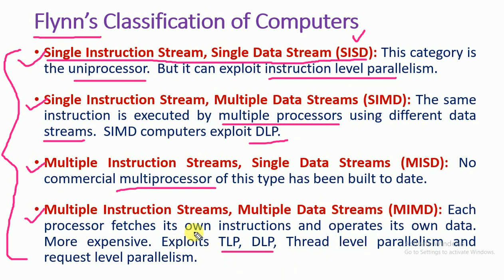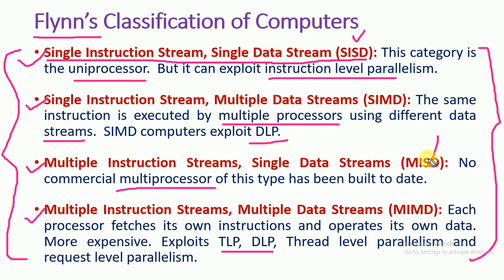In that way, multiple instructions and multiple data can be processed in parallel by using MIMD computers. So when compared to the normal classes of computers, this is a special classification based only on the parallelism concept: SISD, SIMD, MISD and MIMD.